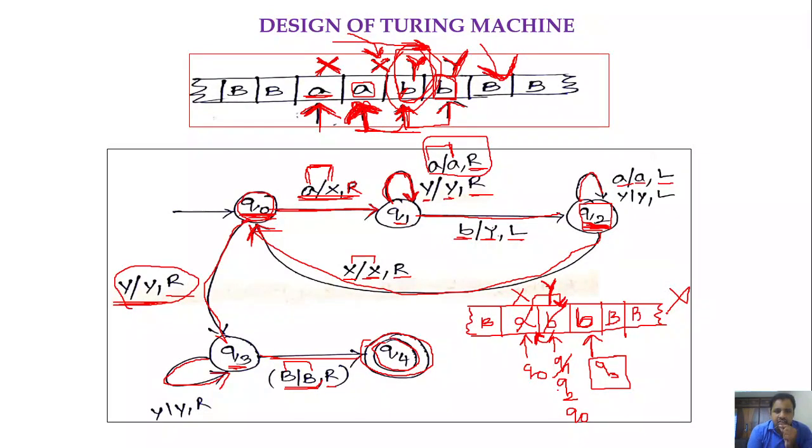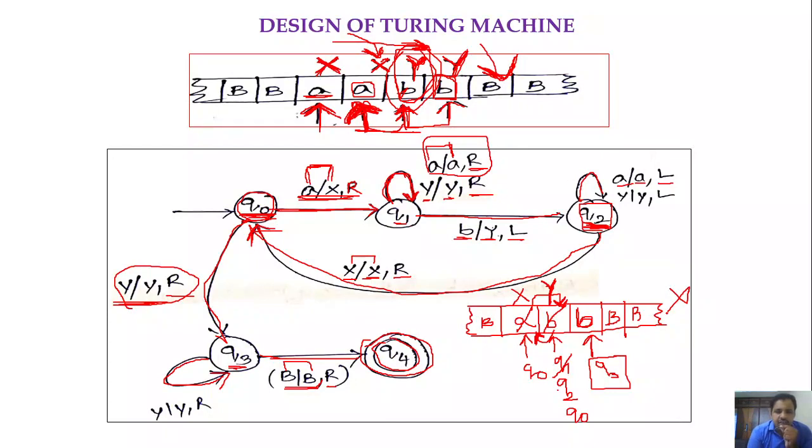If we get Y in Q naught, it means we have marked all A's with X. In Q3, we move the head towards right and search whether any B's are left.